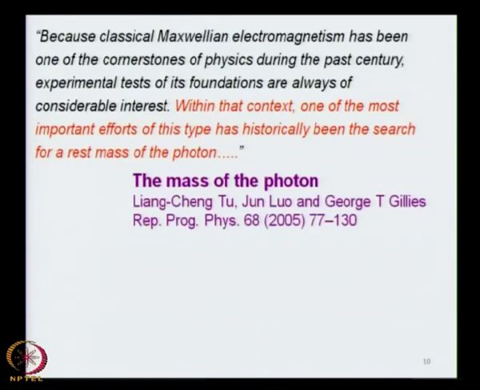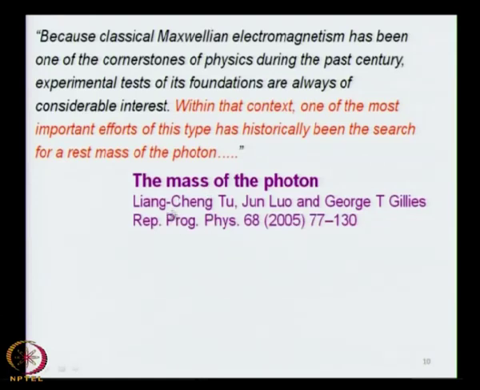And I would like to quote from this very nice paper in Reports on Progress in Physics, published in 2005 by Liang Sheng-Tu, Zhou Luo and George Gillis on the mass of the photon, and I will invite you to read this article. It is a fairly advanced, technical article, but some of you may be interested in reading it.